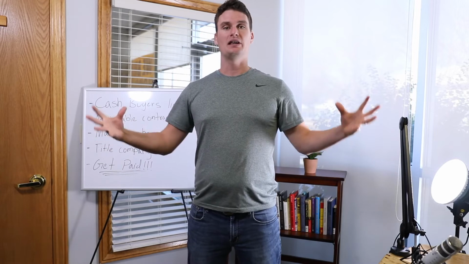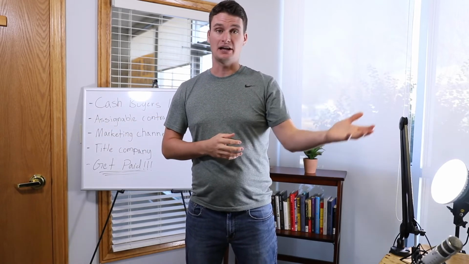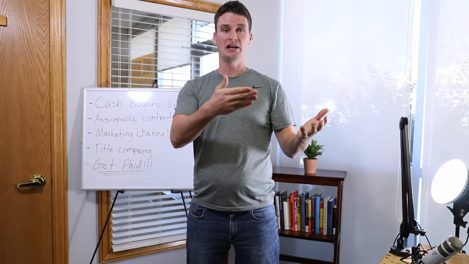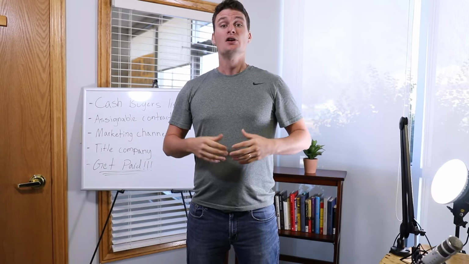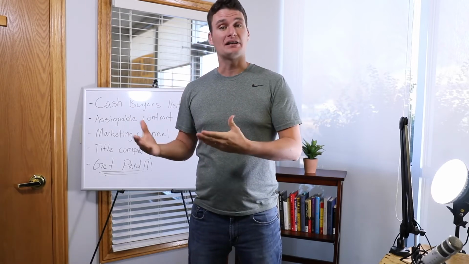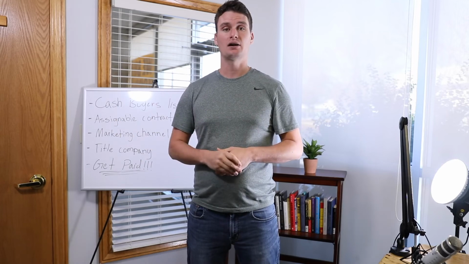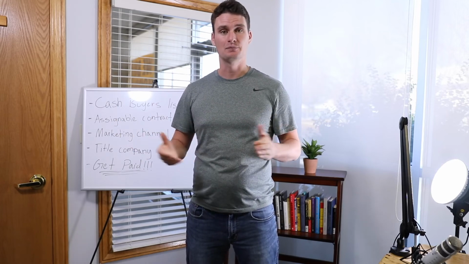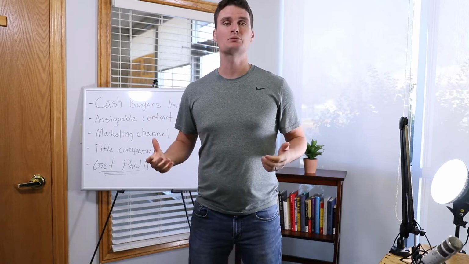A title company can then take all of that paperwork and make sure that the seller gets their money, the buyer puts their money in, and then you get your assignment fee as well at closing. So you need to make sure you find a title company that is familiar with an assignment contract type transaction. So not all title companies are familiar with this process.